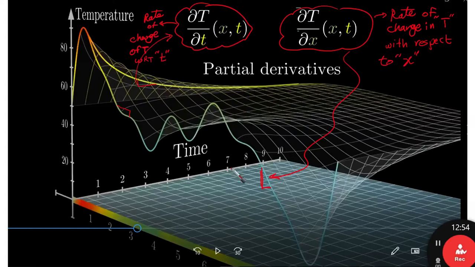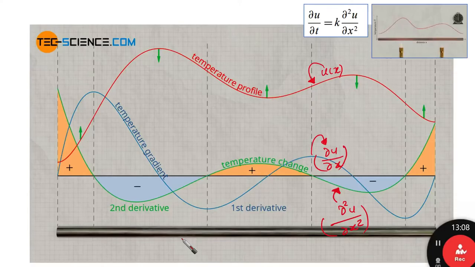The question that might arise in our minds is, what is the meaning of the second derivative here, and what is the meaning of the first derivative of the function along the x direction, right? Here is a simple understanding of what we are having. The red line, as you can see, is what we call the temperature profile.